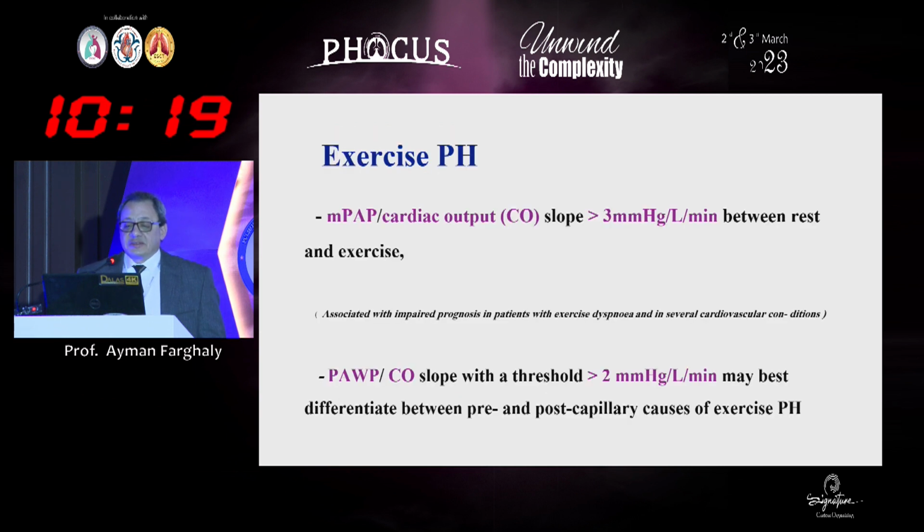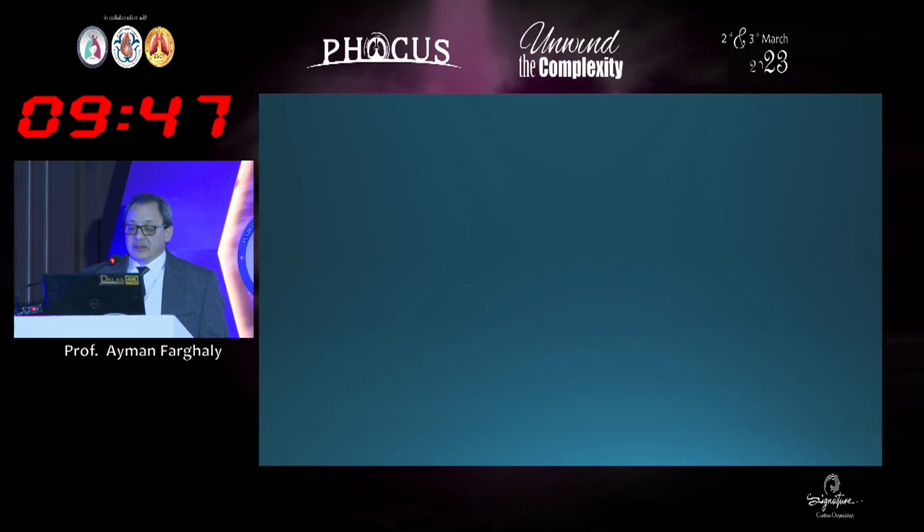This is exercise PH, and a mean pulmonary artery pressure over cardiac output slope of more than 3 millimeters of mercury, as I told you, is defining. However, this goes with the prognosis, when we go to differentiate between pre- and post-capillary, they have elected that the pulmonary wedge pressure over the cardiac output slope would be much more specific, and this is actually an argument and has been defined in the last guidelines.